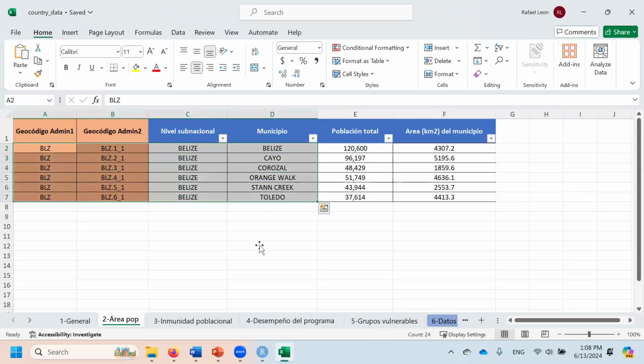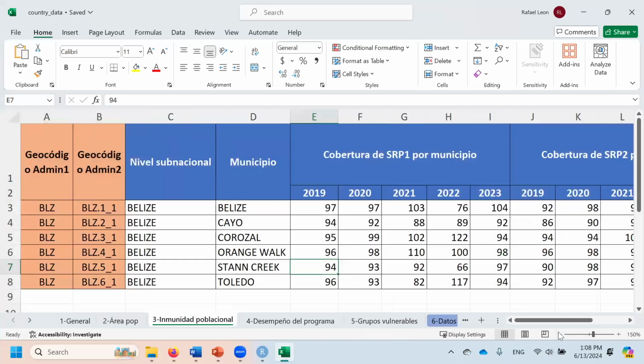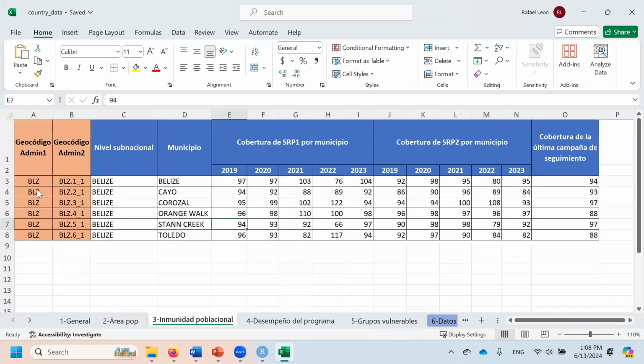We observe that on this sheet, the geocodes for Belize and its municipalities have already been put in for the first 2 columns. And this should also be true in the following sheets. If this is not true for your tool, we recommend that you look at the video for Module 4.